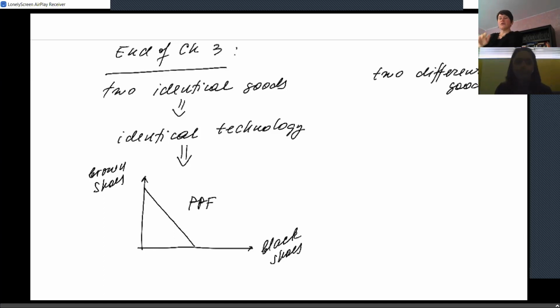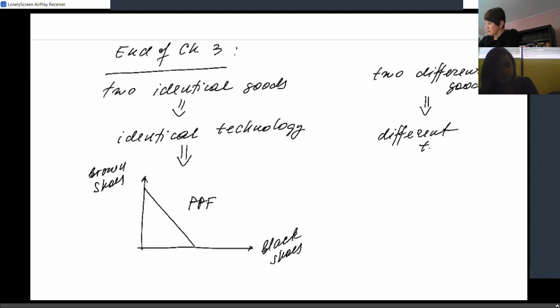Okay. They're related, coming from the cow, right? But they're not the same. And the difference in the structure of these 2 goods calls for different technology. And with this different technology, remember we said inputs tend to specialize.